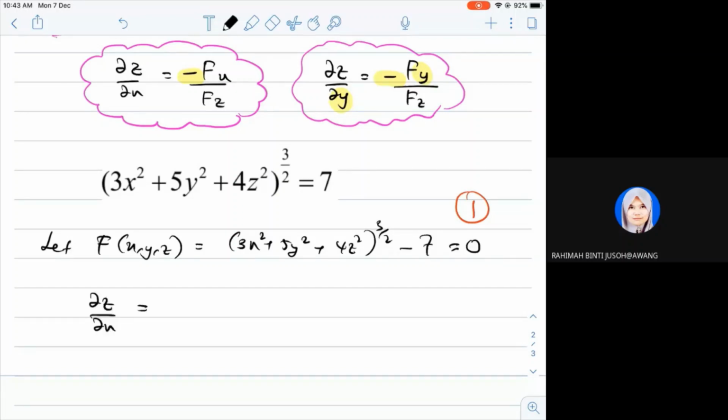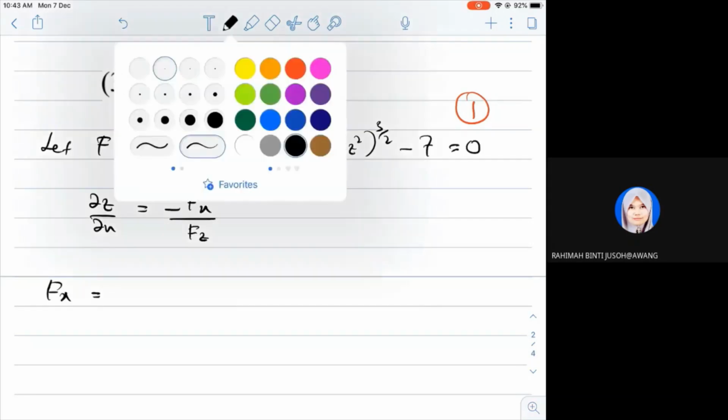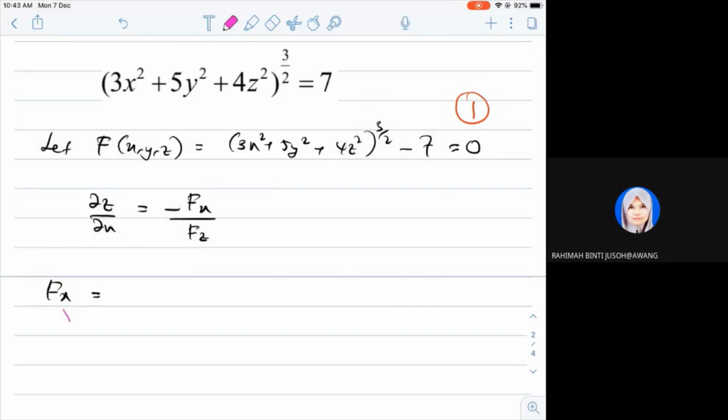So we know that using the second method, by using this formula, alternative method ni, we need to find fx and fz. Okay, so let us find fx. Okay, when we find fx, means x is the variable. Okay, dia akan jadi sama macam last week lecture. Okay, ordinary partial derivative. Okay, partial derivative yang biasa.